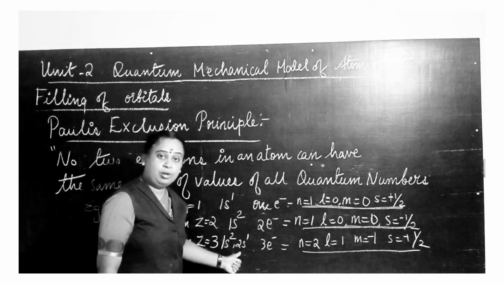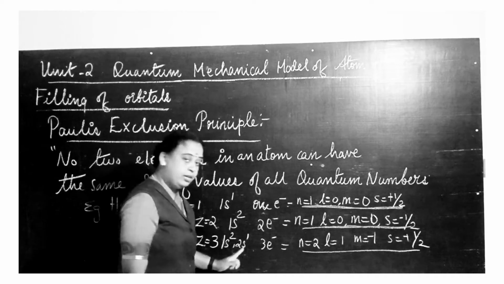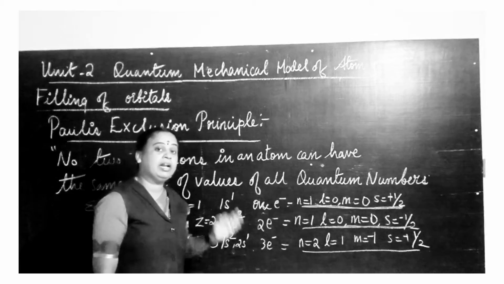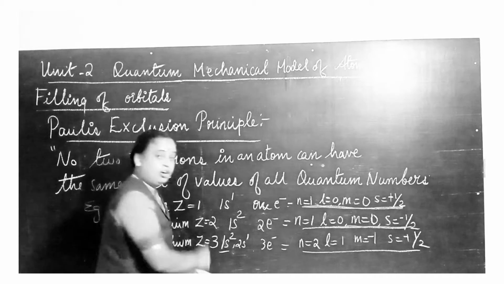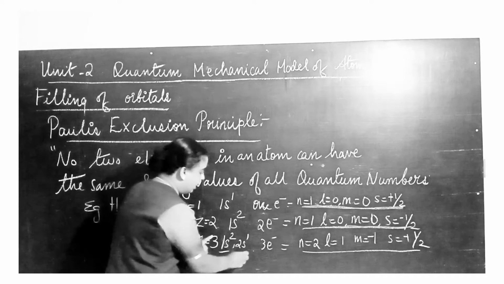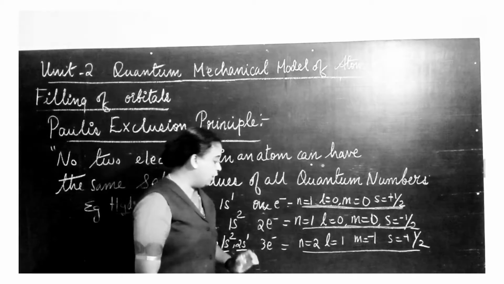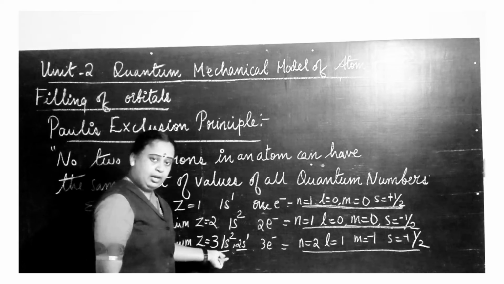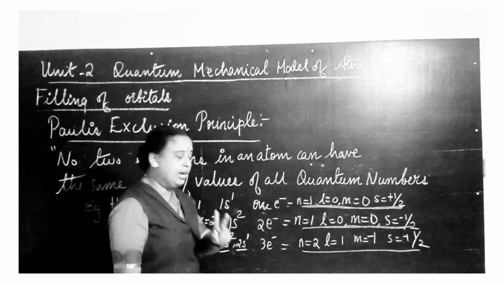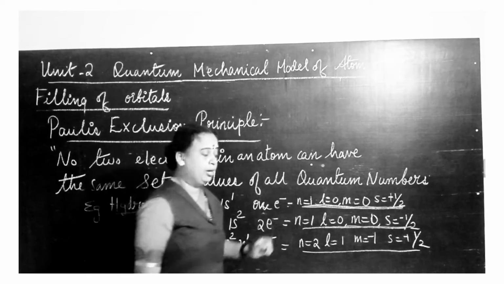It is present in the 2s orbital. One electron is present in the 2s orbital. So lithium has 3 electrons: 2 electrons are accommodated in the 1s orbital, and another 1 electron is accommodated in the 2s orbital. Got it? Now looking into the quantum numbers, in this 1s2 orbital, 2 electrons are there. 1 electron will have the hydrogen atom quantum numbers.